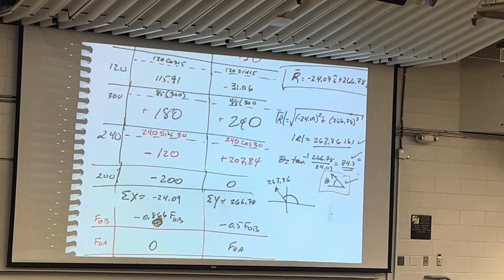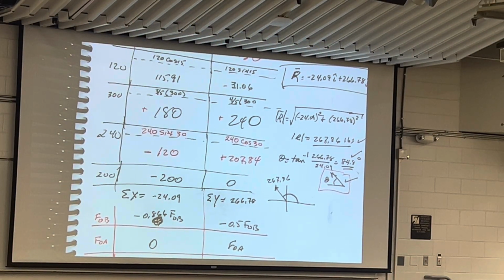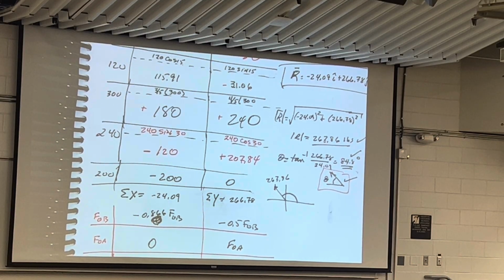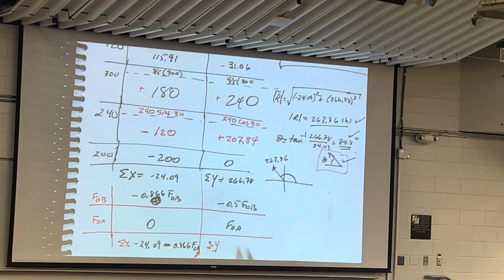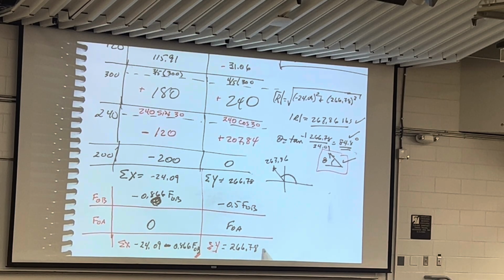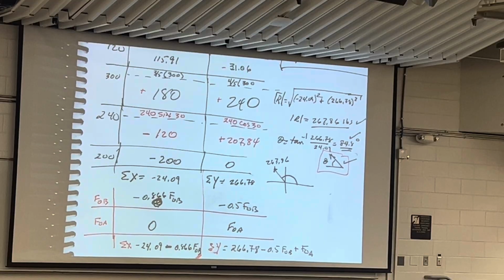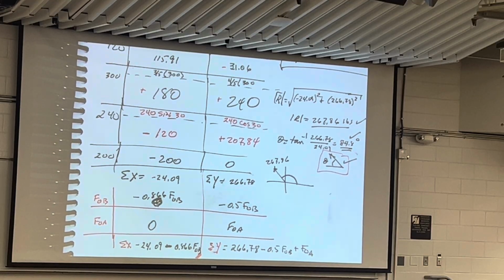Now, sum this. Summing this, I would have minus 24.09 minus 0.866 FOB. Here, I would sum this: 266.78 minus 0.5 FOB plus FOA. So my resultant is 0I plus 0J.